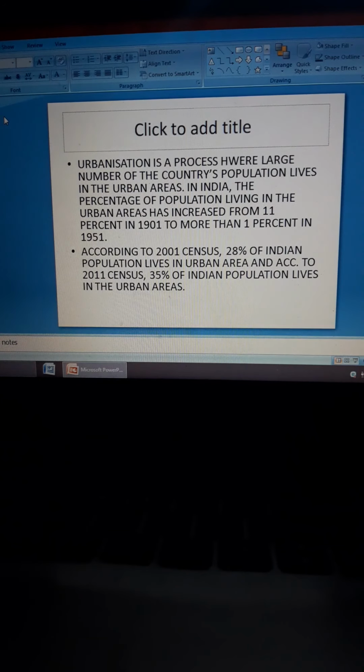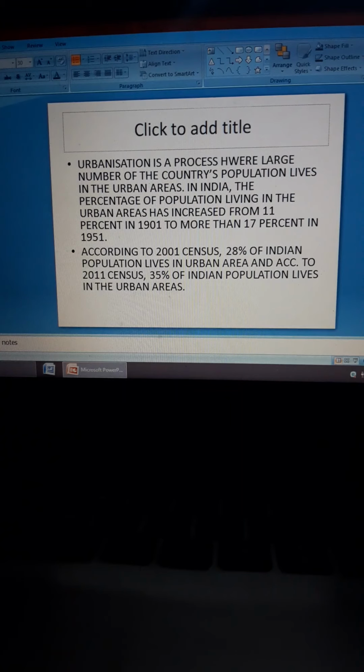In India, the percentage of population living in urban areas has increased from 11% in 1901 to more than 17% in 1951. Okay, so there has been a rise in the urban population. According to the 2011 census, 28% of the Indian population lives in urban areas.